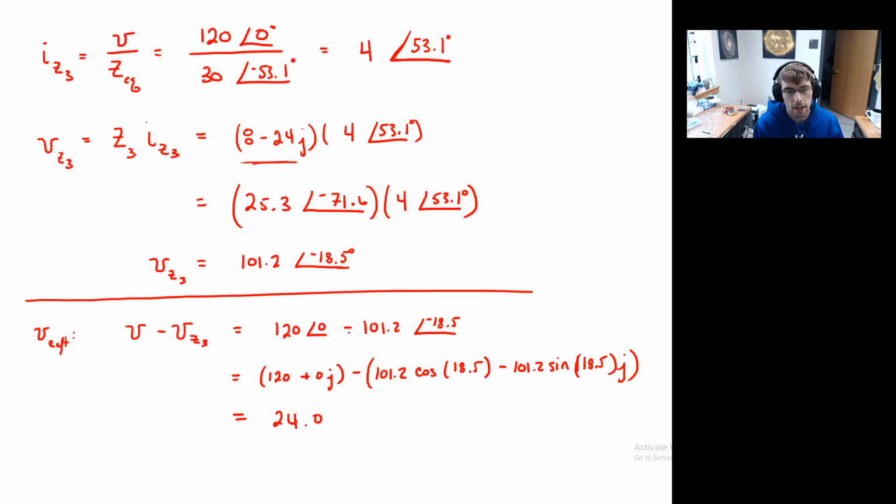And then notice I have a minus minus, so that becomes a plus 101.2 sine of 18.5. So I get 32.1j. Which means, don't forget, that's for the left one, but that must also be for the right branch because they're in parallel.